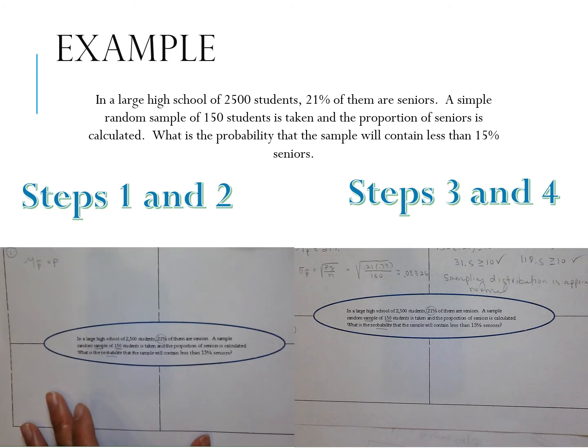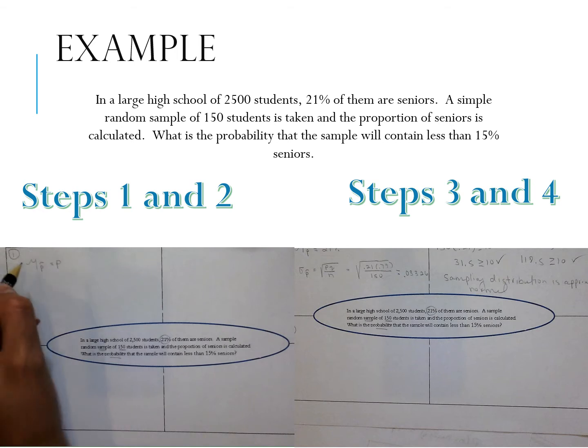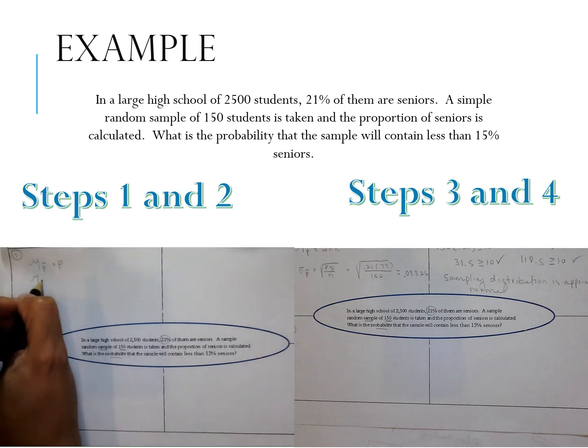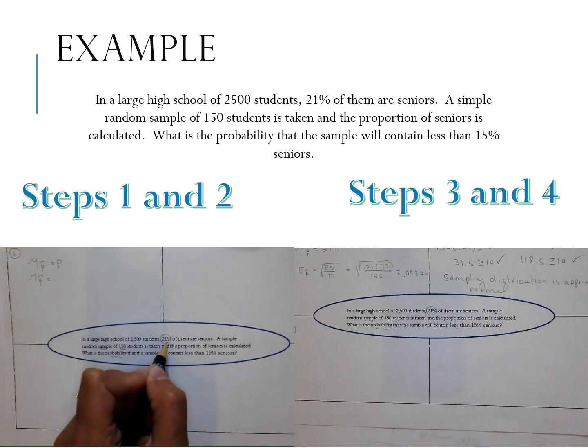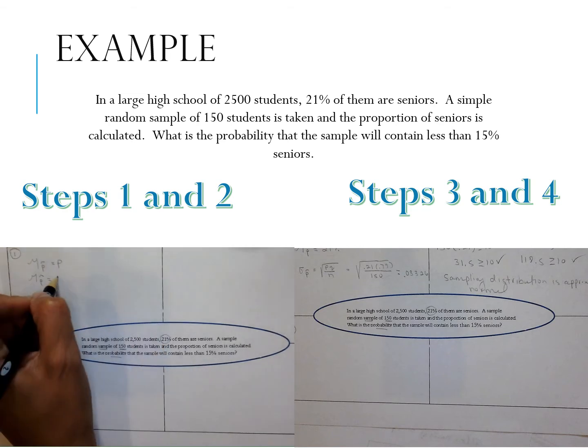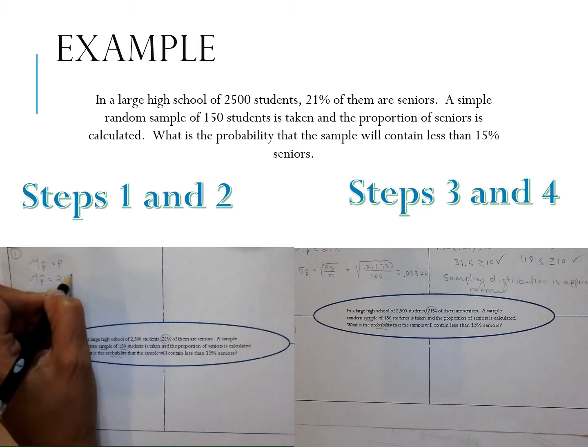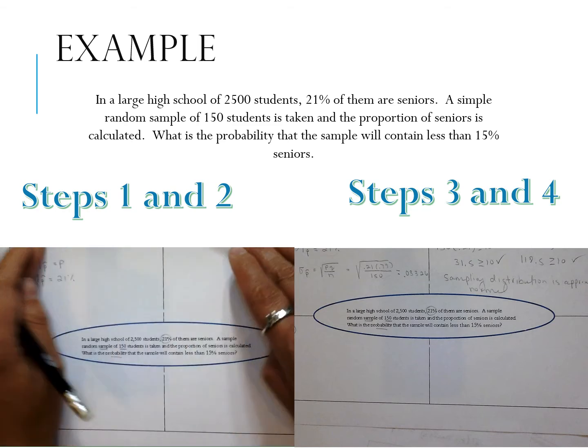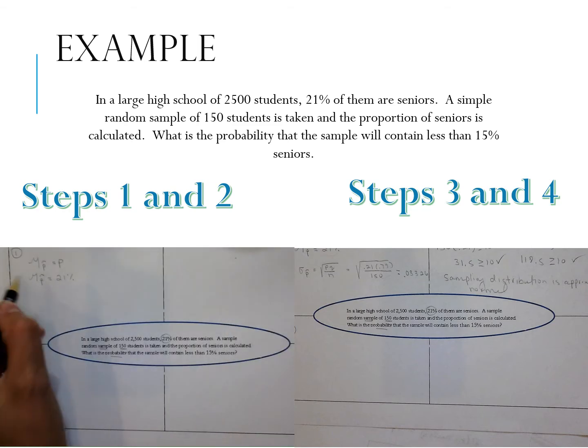That's just the formula. I know that my mu p hat is equal to my population proportion, and my population proportion is 21%. And then I need to find my standard deviation.